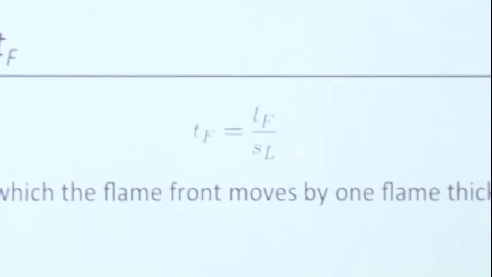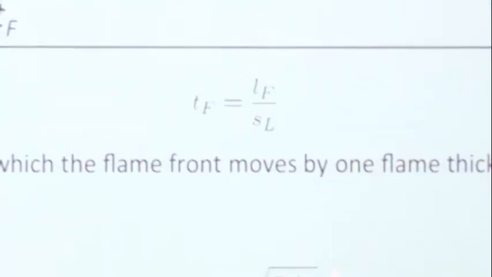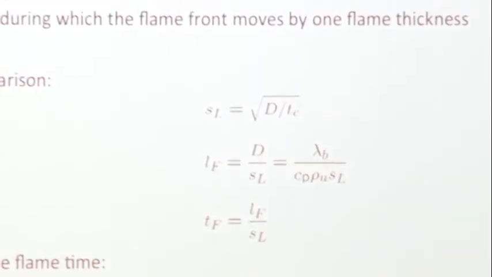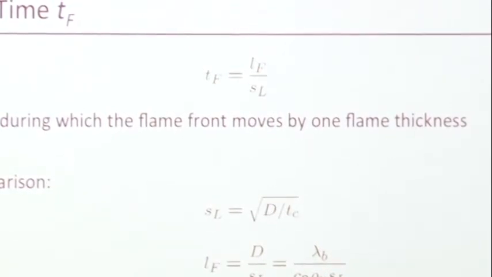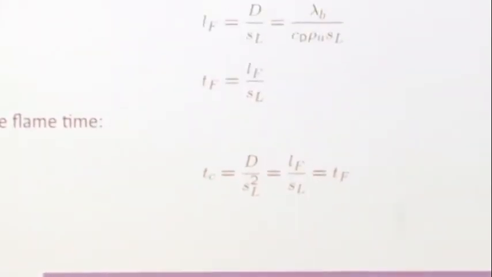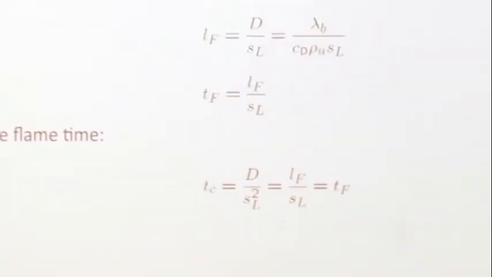And now, it's obvious, but it's a subtle thing, which is interesting: if I compare this now with the earlier relations, then basically you see that the chemical time scale has to be equal to the flame time.